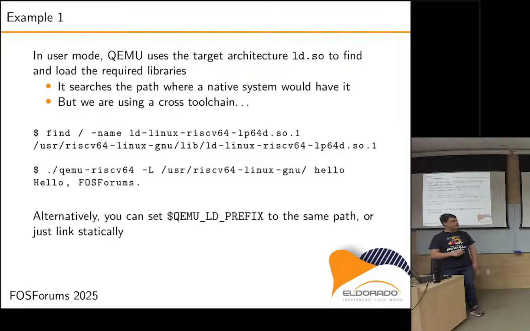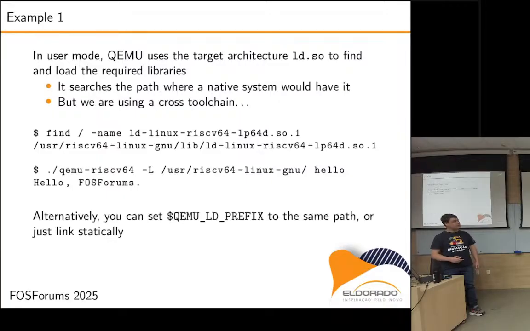If you don't want to pass the option all the time, you can use this environment variable. You can set it to this path and it will work the same. Or the option that we'll be using today, you can link the hello executable statically.